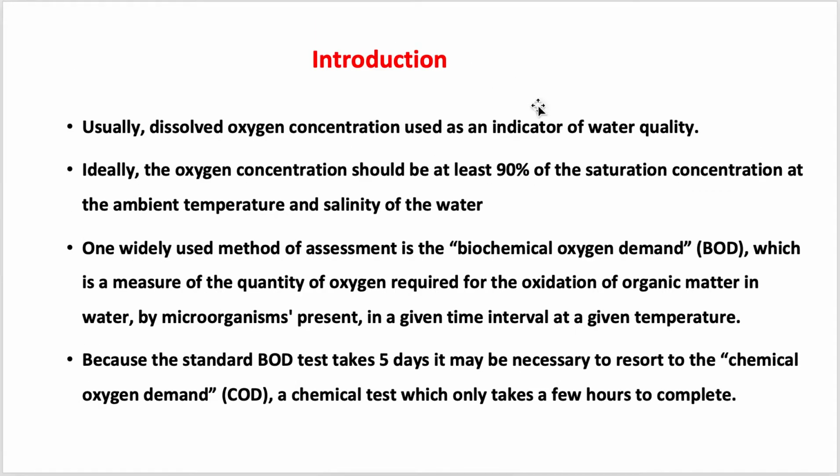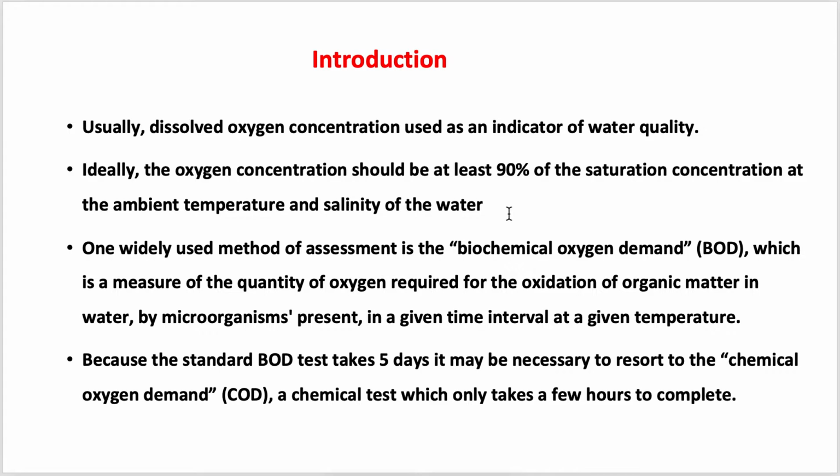Well, this slide just contains some additional information about the dissolved oxygen concentration. Usually dissolved oxygen concentration is used as an indicator of water quality, because for the biodiversity to remain in its original, unaffected form, the oxygen saturation concentration should be more than 90%.